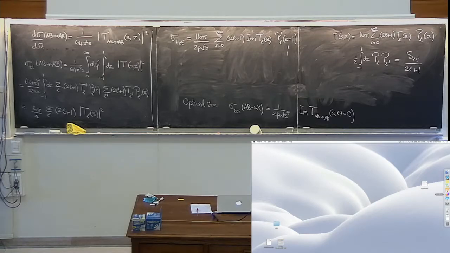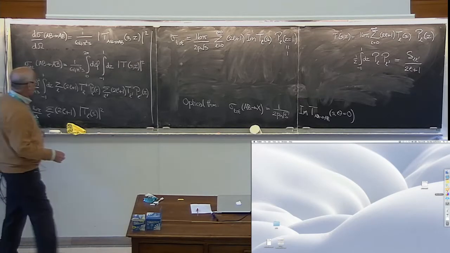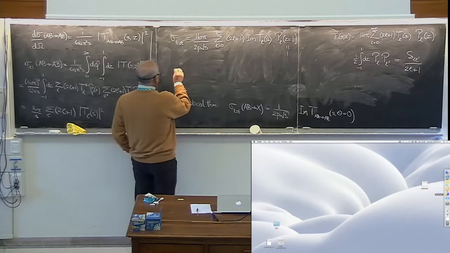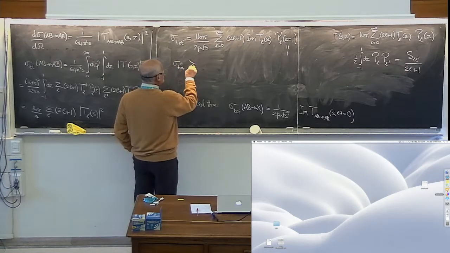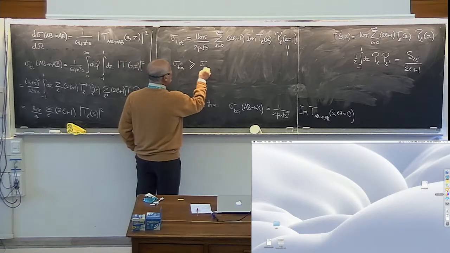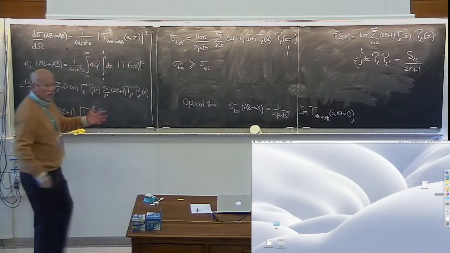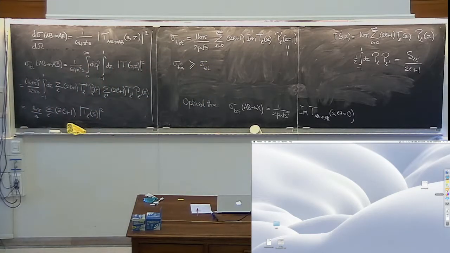So we see that if we collect these formulae together, that clearly sigma total has to be greater than or equal to sigma elastic, because the total cross-section for AB to go to anything has obviously got to be bigger than the cross-section for AB goes to AB.